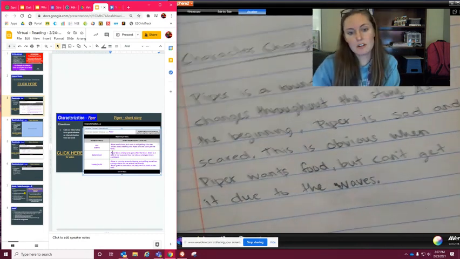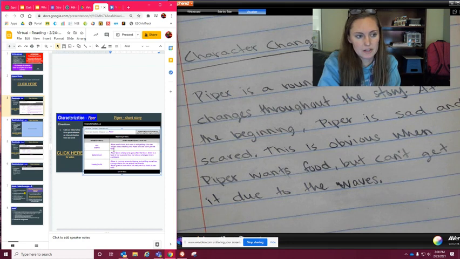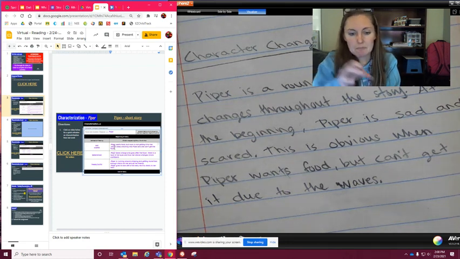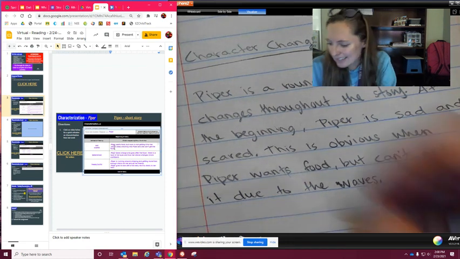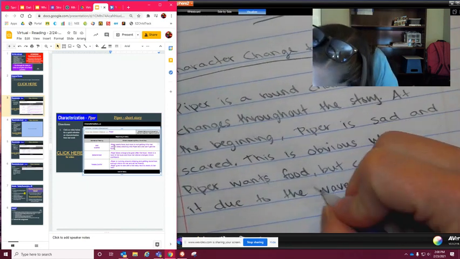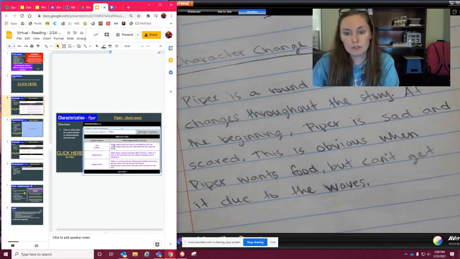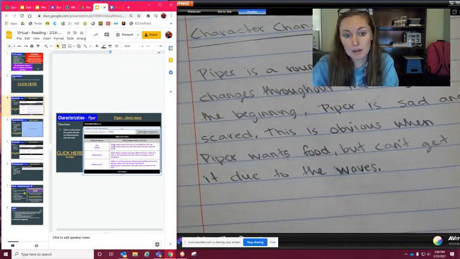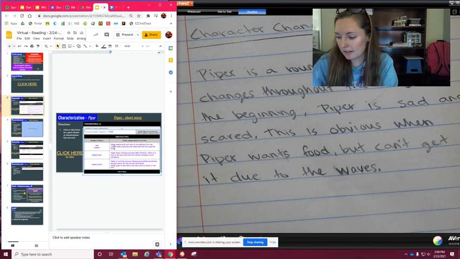So I took the information that I have in my chart on my slides over here, and I kind of combined them together. So I don't have to say exactly what I put in there. But I want to make sure I have about what it's saying. Okay, so that's why Piper feels sad and scared.